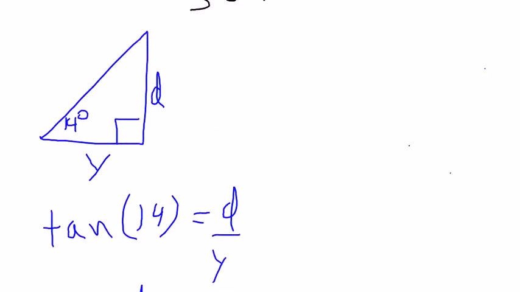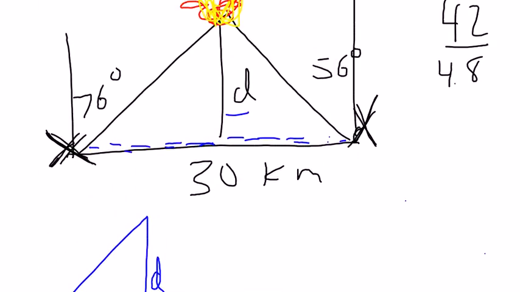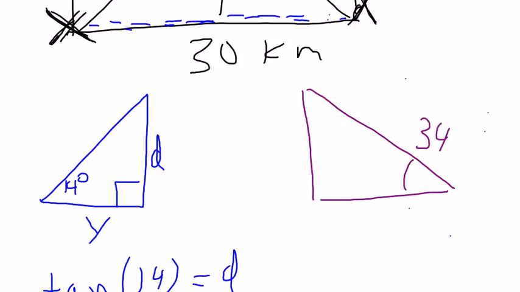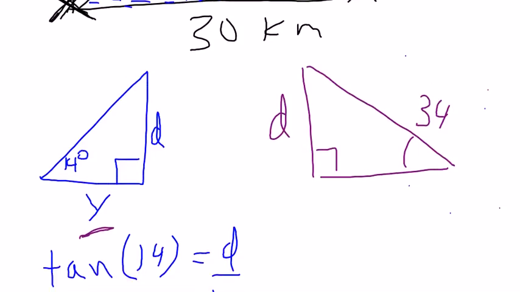Okay, the other triangle is a little more difficult. If we know the outside angle is 56, we know the inside angle then would be 34. Again, this is going to be d, but the bottom side is the tricky one. If we called this side y, then this side over here would be 30 minus y.